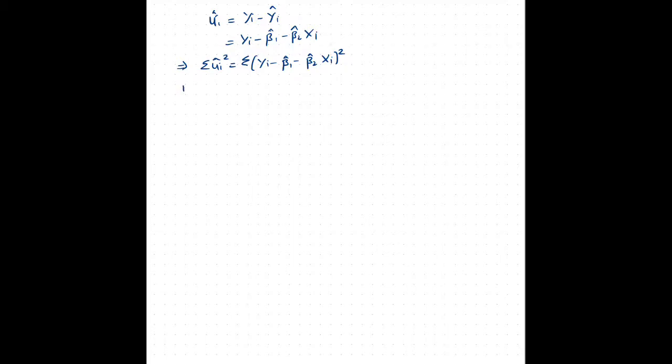Now we are going to differentiate our objective, summation ui hat square, with respect to our first parameter, that is beta 1 hat.